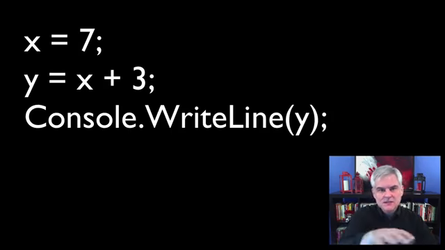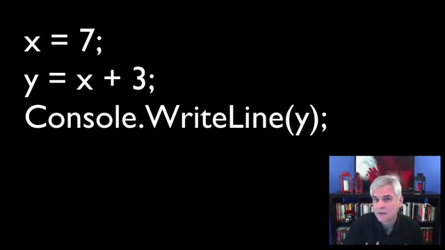So in the case of this little code snippet on screen right now, we would expect both x and y to hold numeric values. Now we know that, but we have to use C# to express that to the .NET Framework runtime. So remember, the runtime is what does the hard work of managing the execution of our application.